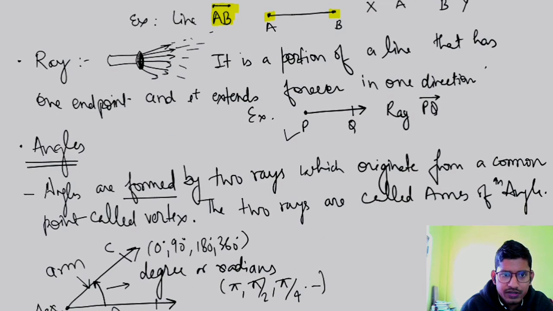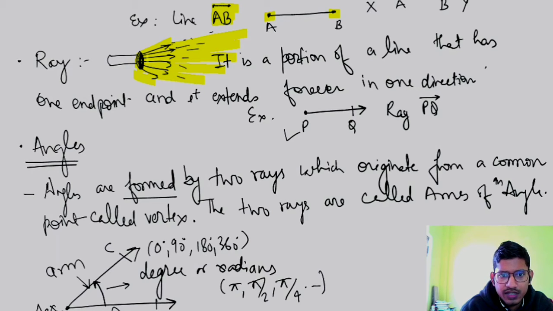Now moving to the next thing, ray. A ray is also a portion of a line, but it has only one endpoint, and the second end goes forever in a particular direction. Like a source emits light in a particular direction, and the light moves towards infinity.